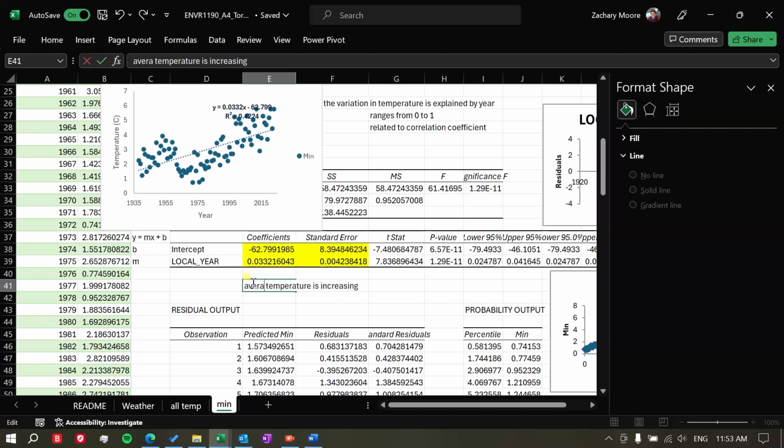This is telling us the slope related to year, and that our average daily minimum temperature is increasing by 0.03 degrees each year. And then it's telling us that the standard error is plus or minus 0.004 degrees.